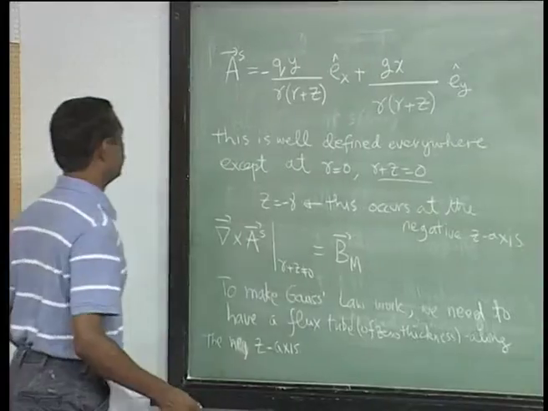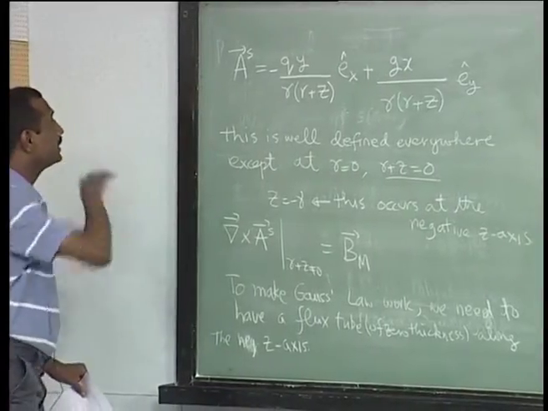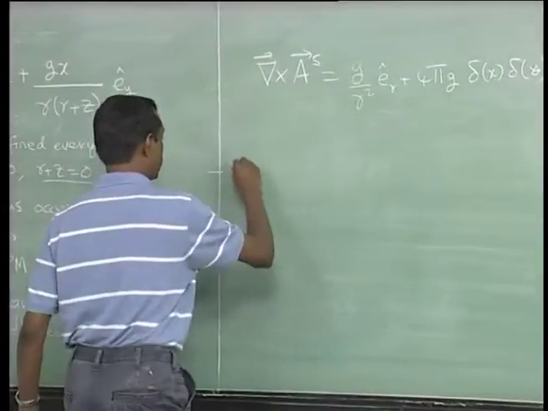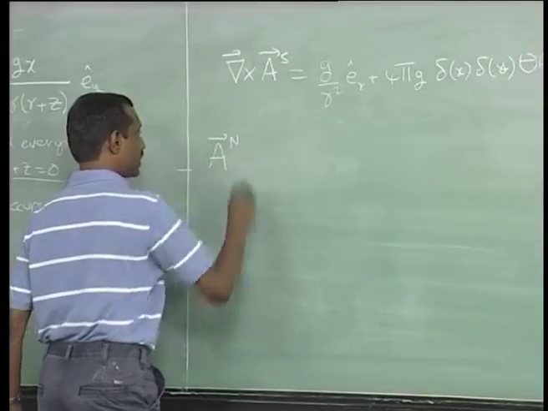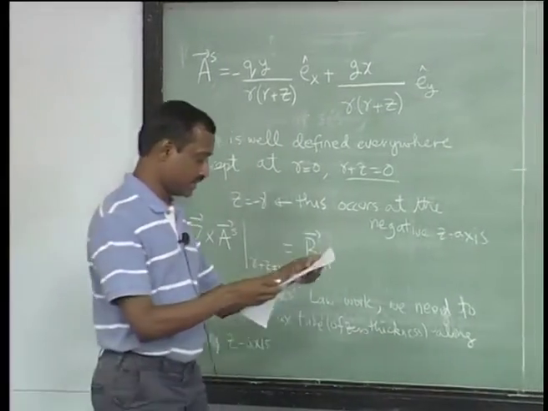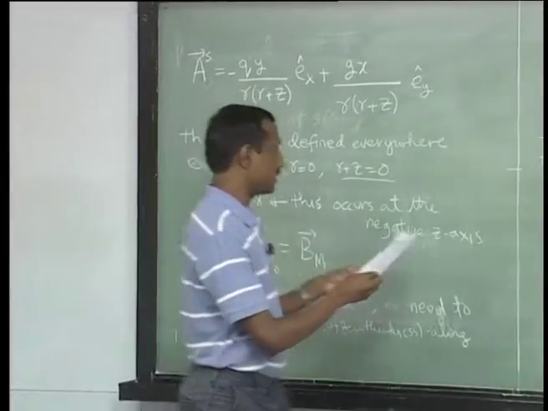But the thing is that you can look for other solutions. Let us look for something called A_N, which is more or less the same as this, except it corresponds to changing a few signs here and there.